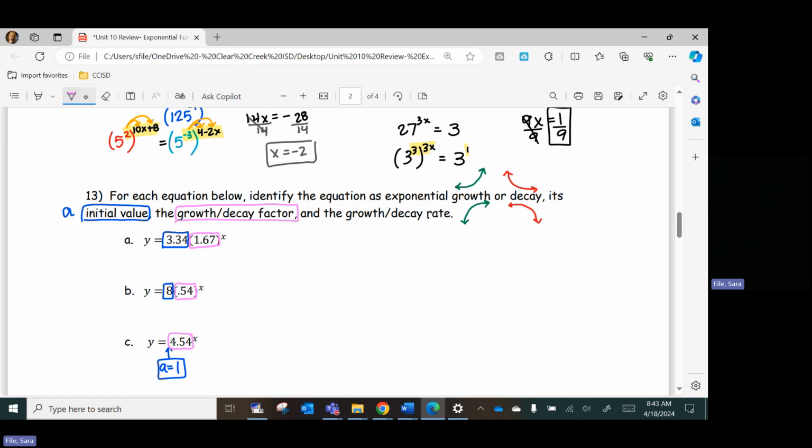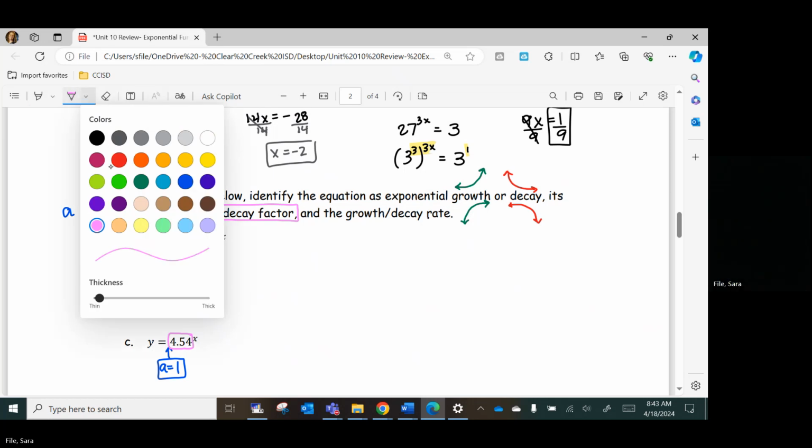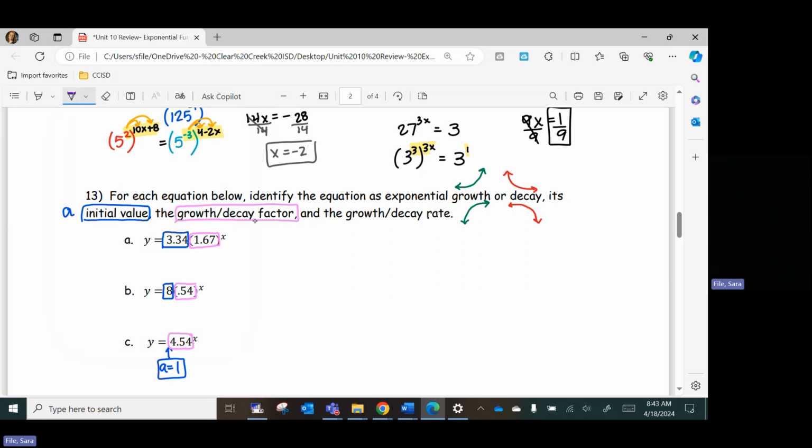Now, the growth or decay rate, we got to break down that growth or decay factor, because the growth or decay factor is the 1 plus or minus R. R is the growth or decay rate. So we're trying to figure out how far from 1 is this number. So you just subtract the number from 1 to get it.